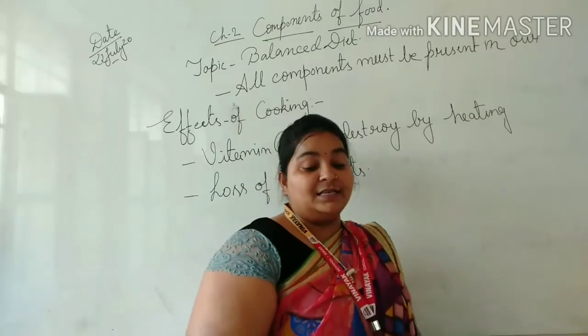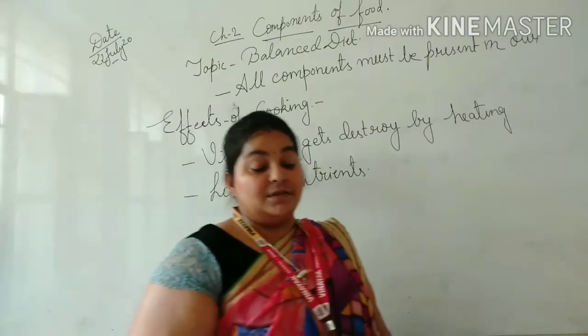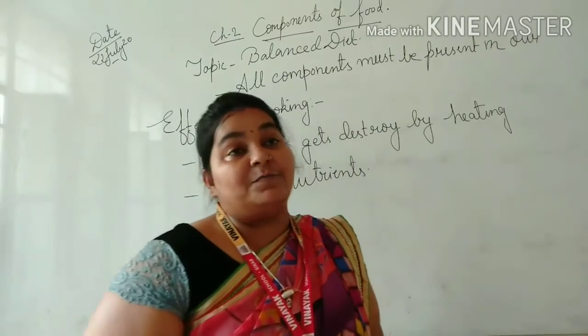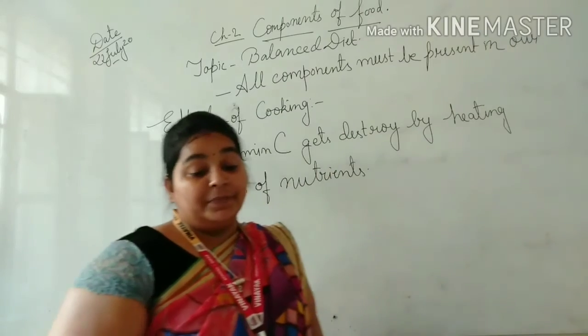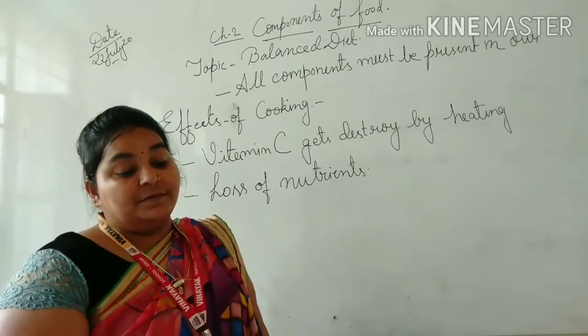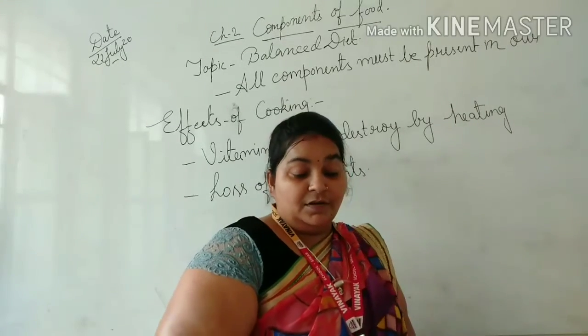In case of rice and pulses, repeated washing removes some vitamins and minerals present in them. Next, mostly thick peels are removed from vegetables and fruits. This also results in the loss of nutrients.